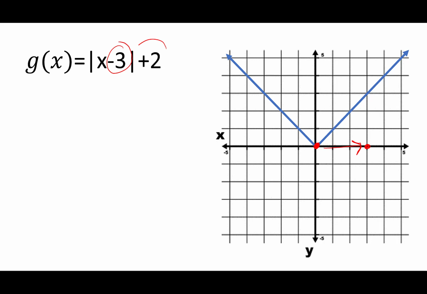Then I'm going to use what's outside, which tells me I'm moving it up. And then I can draw my other points. Because remember, the absolute value is always V-shaped, and I've got a slope of 1 on those. So we can do both a vertical and a horizontal translation in one go.